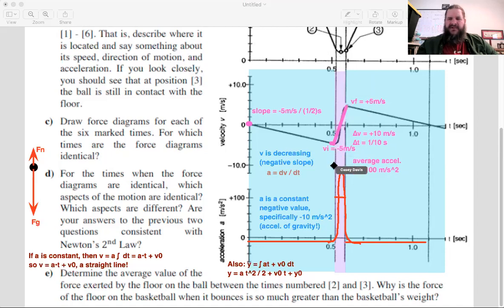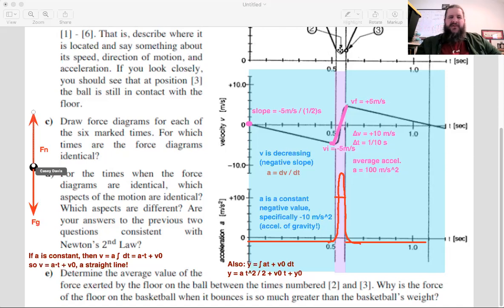Yeah, the acceleration has increased to a very large positive value. So we're going to need a higher normal force. The normal force actually changes depending on how hard the ball is mashed into the ground at this instant. If the ball has just barely touched down, there's very little normal force. But as the ball gets more and more smashed as it goes further down, the normal force gets stronger and stronger and stronger.